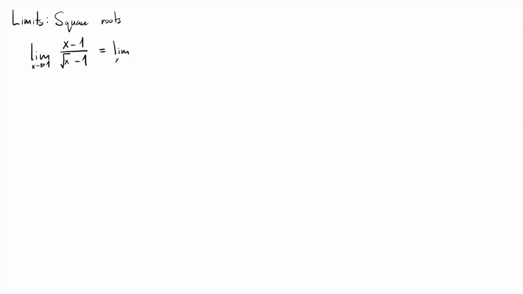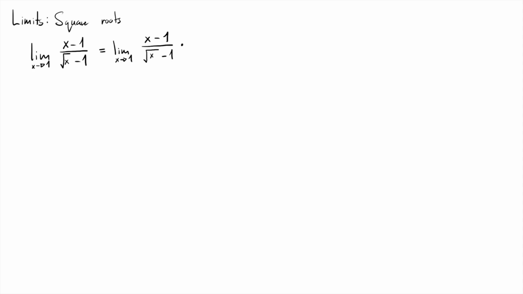So we ask ourselves, what is the best way to get rid of square roots? And the best way to get rid of square roots is, ironically, to do the opposite of factoring, which is sort of like multiplying. So we're going to actually multiply. And what we're going to multiply by is the reciprocal of wherever the square root is.